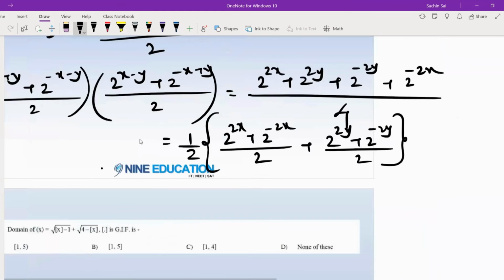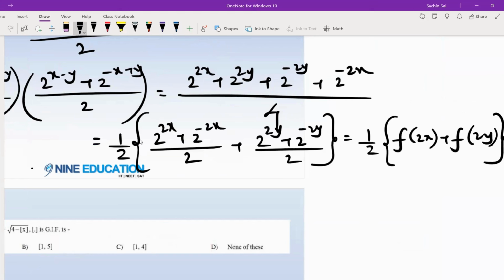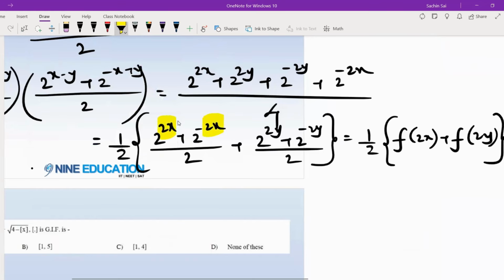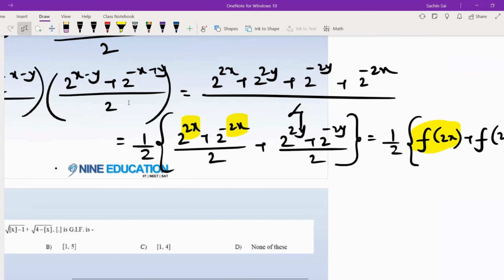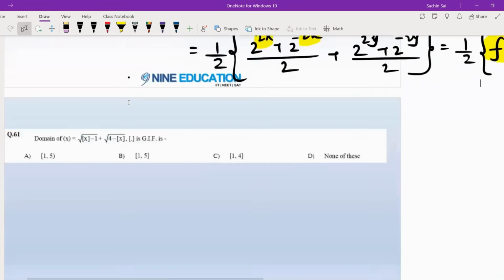But this is nothing but half of f of 2x plus f of 2y, right? f of x is (2 power x plus 2 power minus x) by 2. So if x is replaced by 2x, I have f of 2x. So that is one of the options, and that is the correct answer.